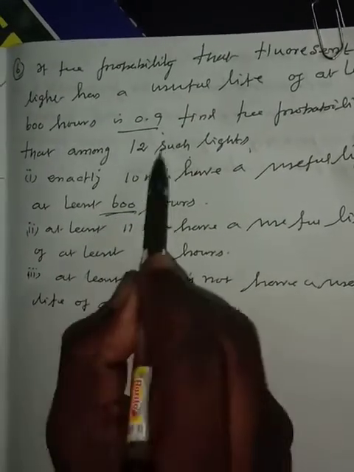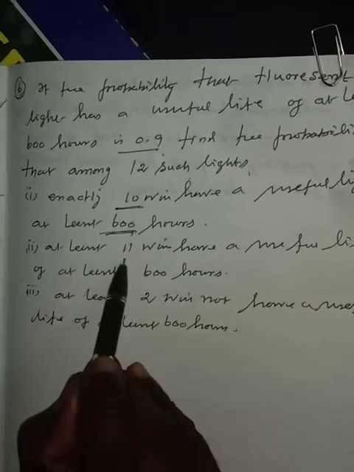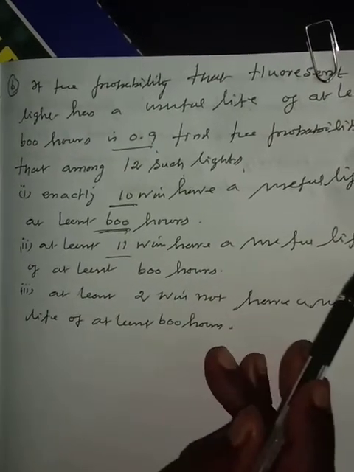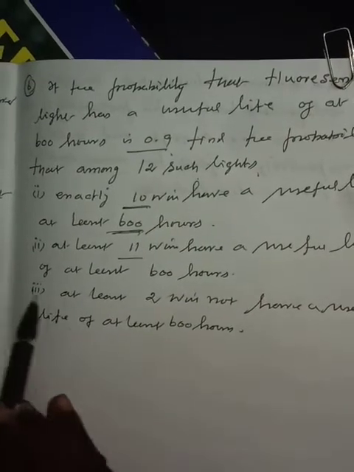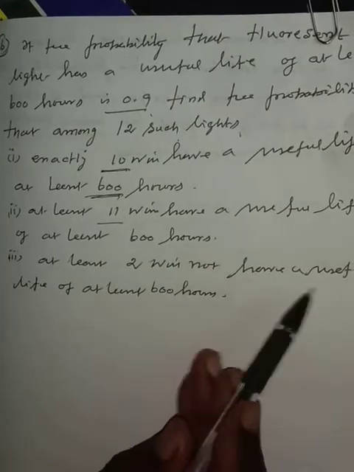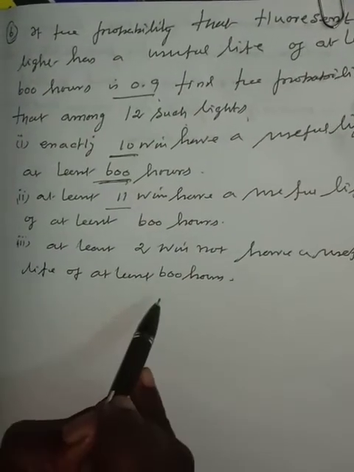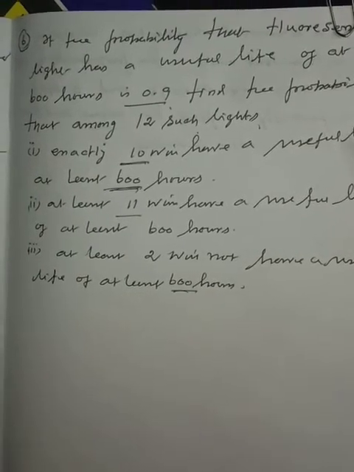Number 2, at least 11 will have a useful life of at least 600 hours. Number 3, at least 2 will not have a useful life of 600 hours. There are 3 questions.